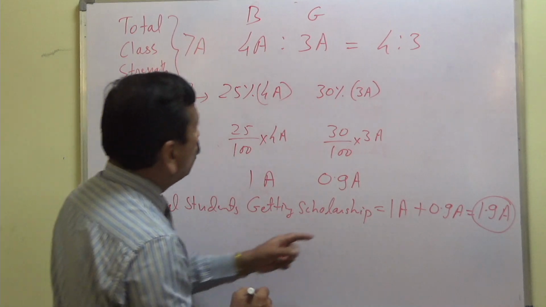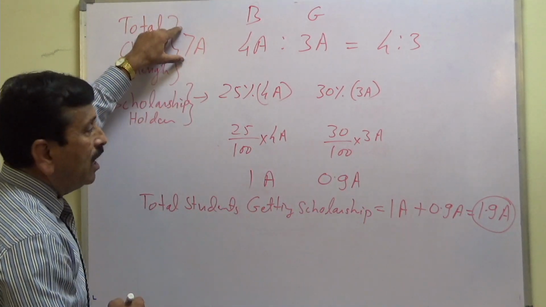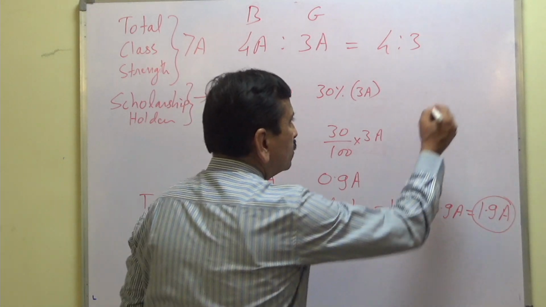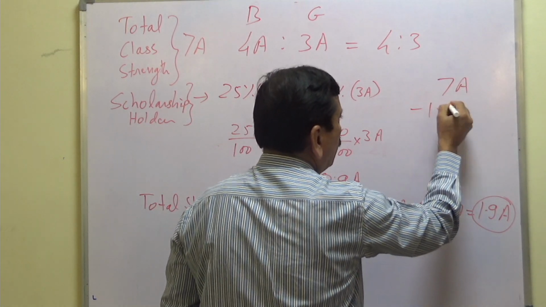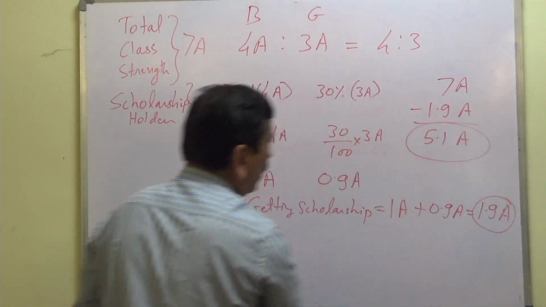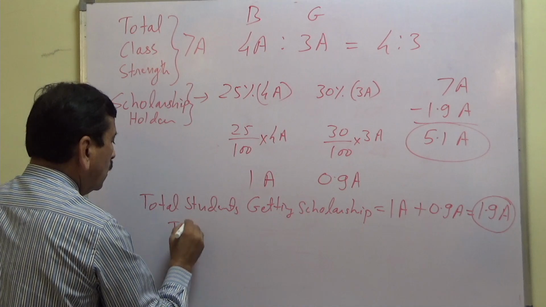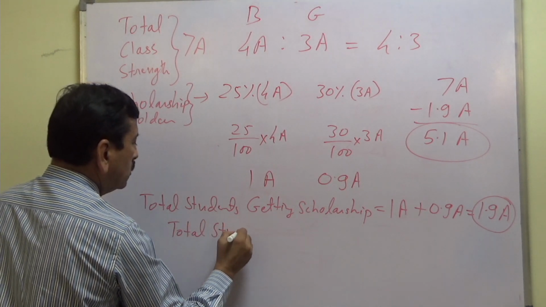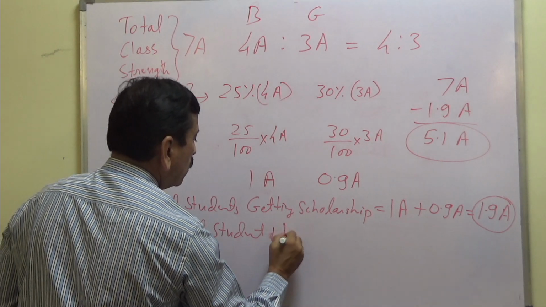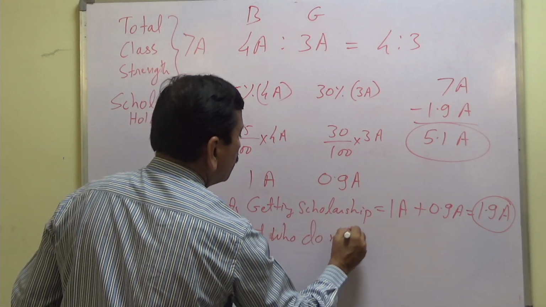Now total students are 7A. From 7A, 1.9A get the scholarship. So 7A minus 1.9A is equal to 5.1A. So 5.1A total students do not get the scholarship.